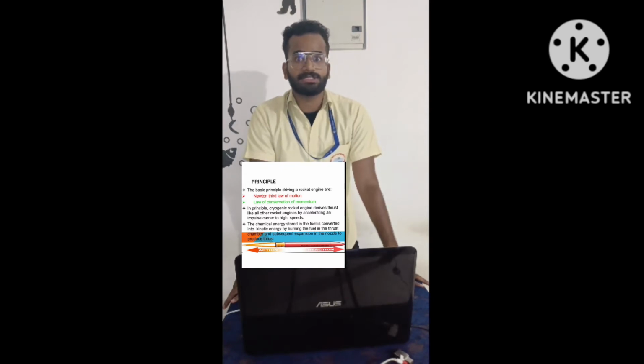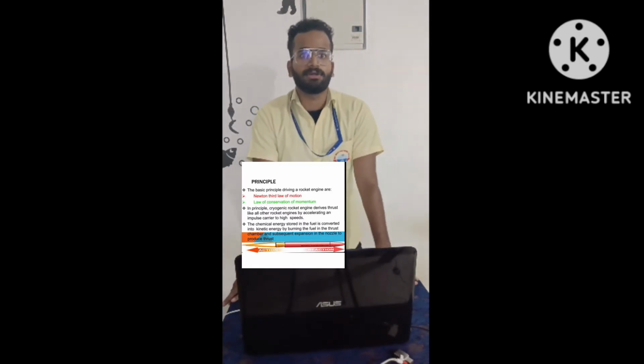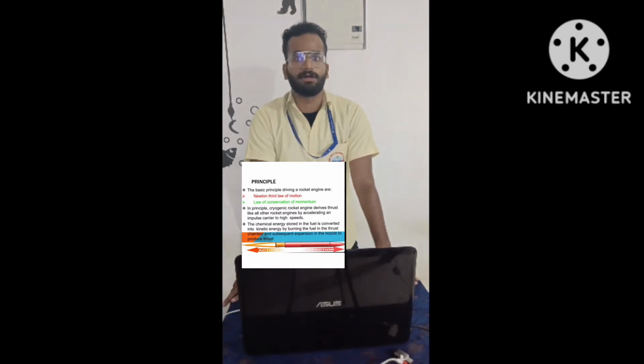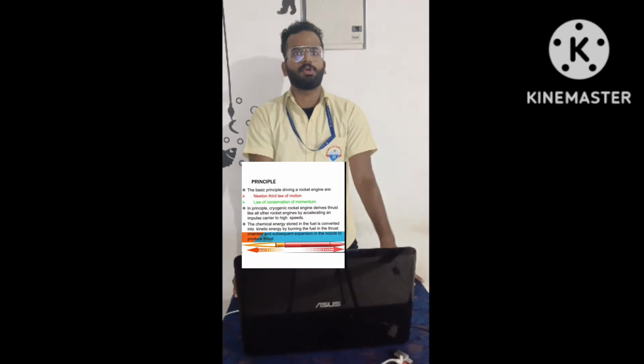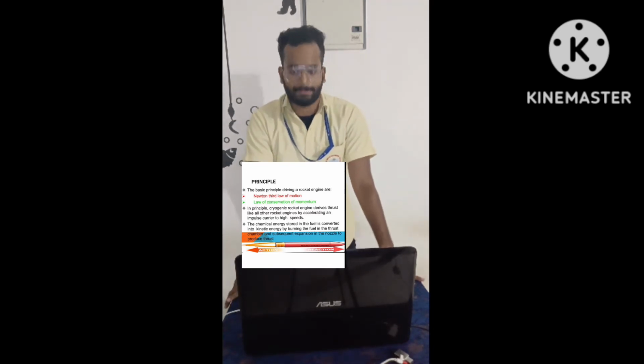The chemical energy stored in the fuel is converted into kinetic energy by burning the fuel in the thrust chamber and subsequent expansion in the nozzle to produce thrust.